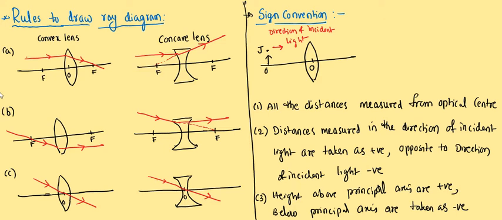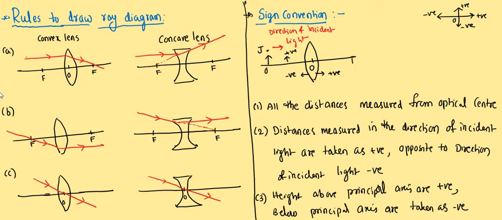You can compare these rules with a coordinate system also. For example, this is the coordinate system, the origin. Right side we take positive, left side negative, above positive, and below negative. That's all. These are the rules.